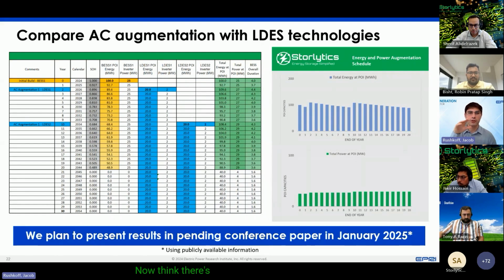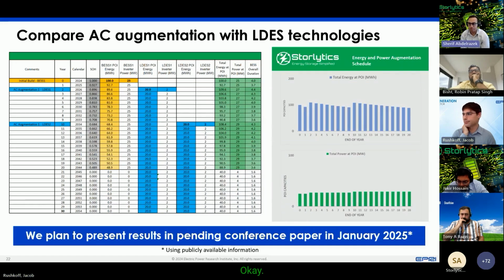Now, I think there's a good question to be had: if we have this hybrid energy storage system with lithium ion and long duration energy storage, what does that mean for playing into the capacity market? That's something we need to study and better understand. But we are currently looking at this as a 4-hour system that we want to maintain at that 4-hour duration.